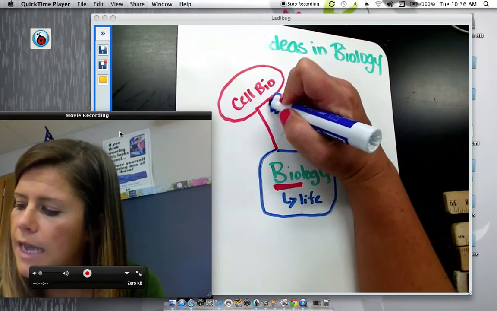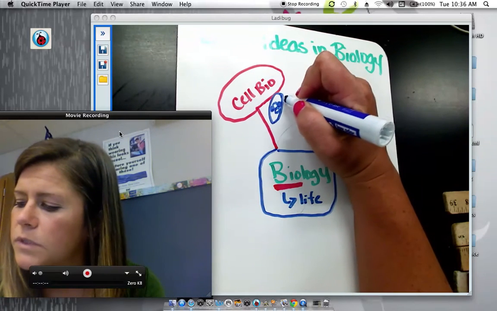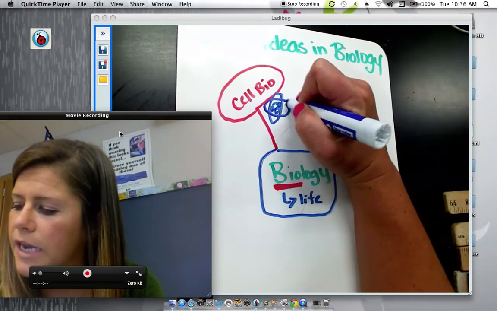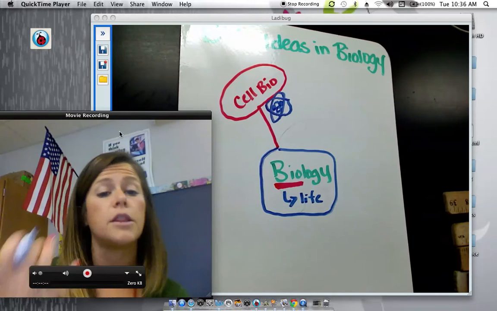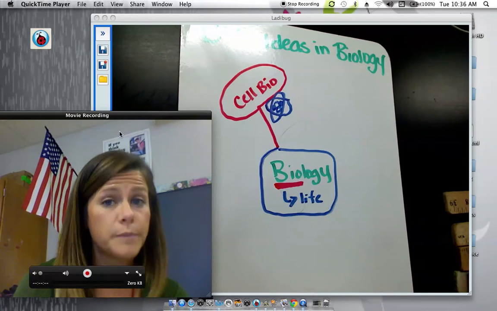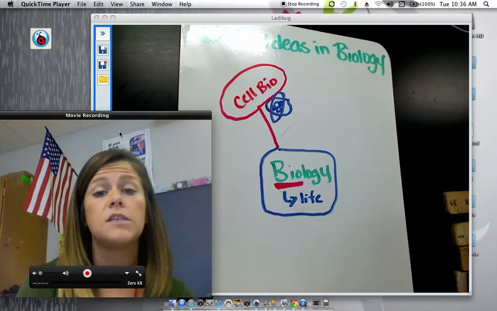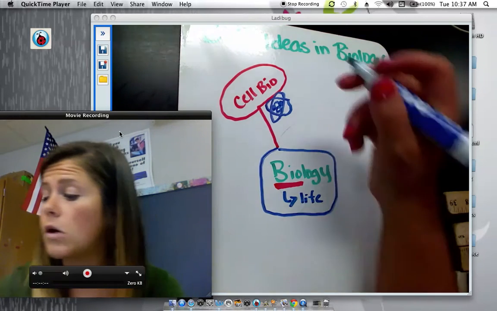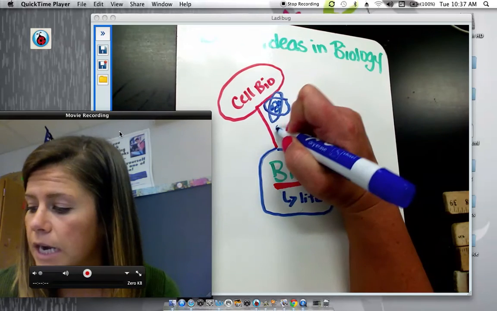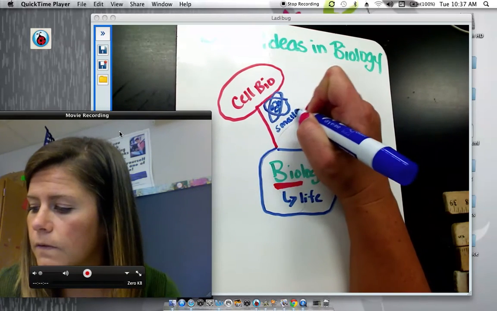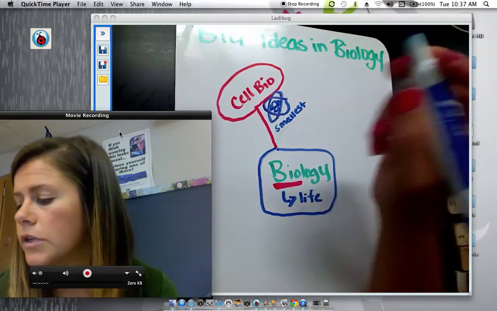So again, the smallest thing a biologist will study, so that we can understand what cells are made out of, what the other components of what maybe our food's made out of, so we can maintain homeostasis, is going to be atoms. So smallest thing biologists study: atoms and molecules.